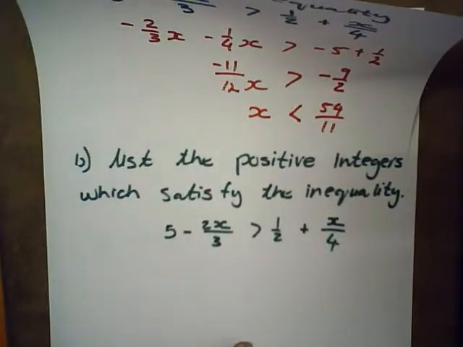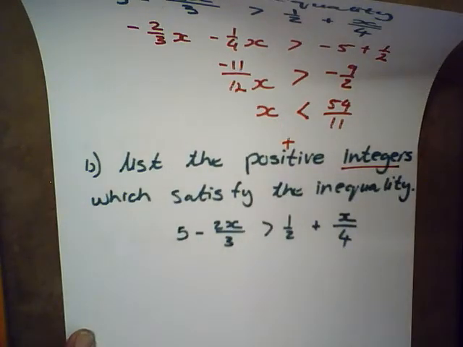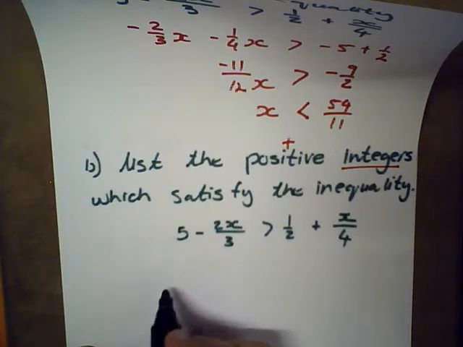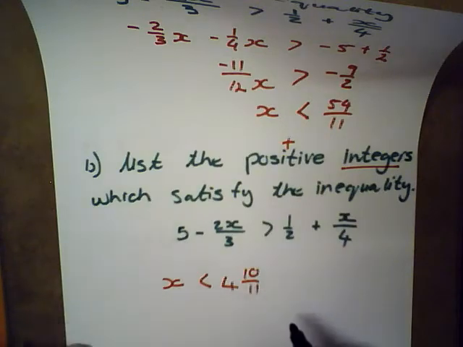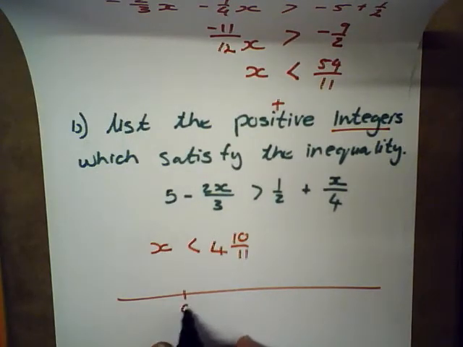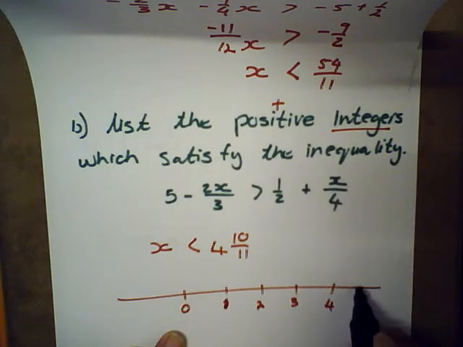Good, now list the positive integers which satisfy this inequality. If I press the S-D key there, x would be smaller than 4 and 10 over 11. I know that an integer is a whole number and it must be a positive number, so it's 1, 2, 3, 4, and we are sitting here on the number line at 4 and 10 over 11.